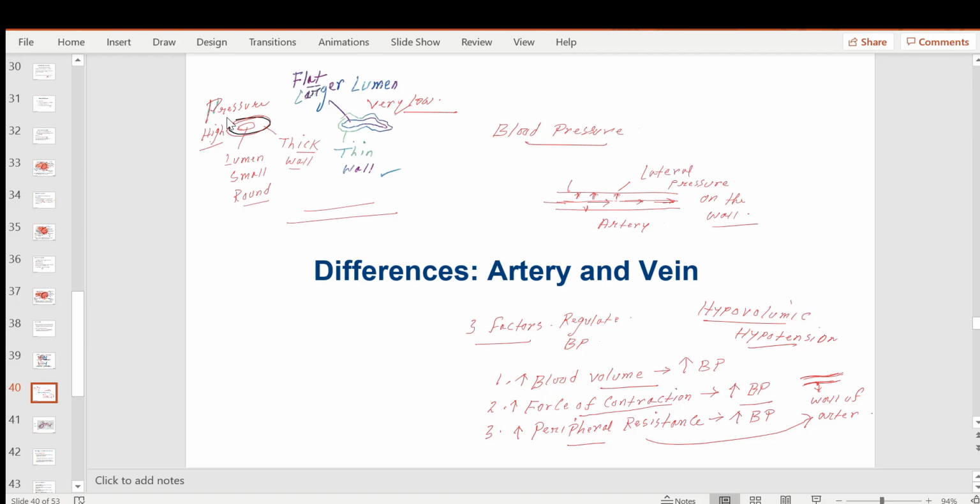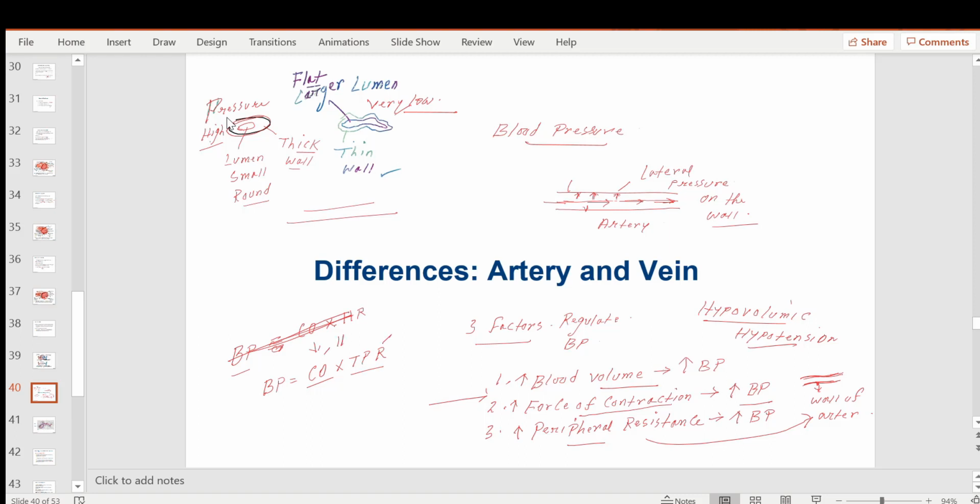Okay, now there is a way to calculate the blood pressure. Blood pressure equals cardiac output times total peripheral resistance. Okay, cardiac output is related to the heart, I have already mentioned, right? How much blood gets out during the contraction of the heart, and peripheral resistance is related to the arterial wall.